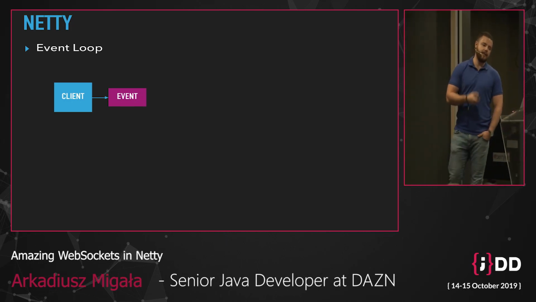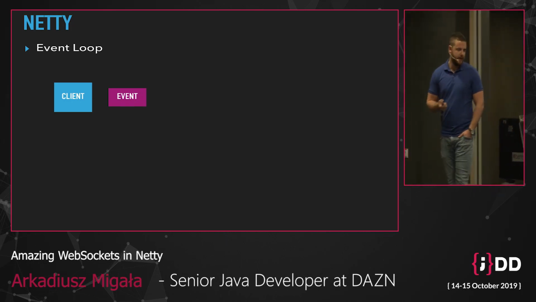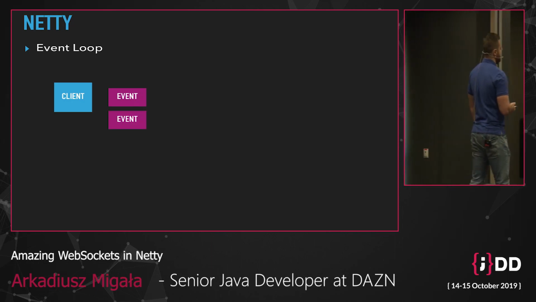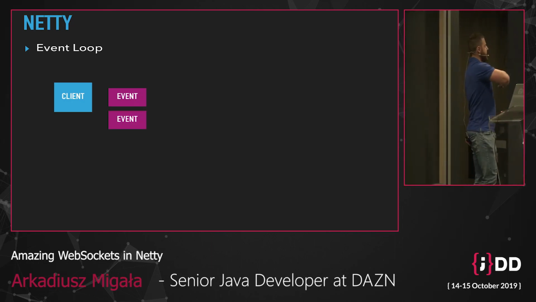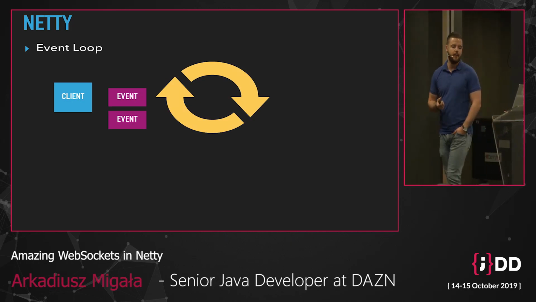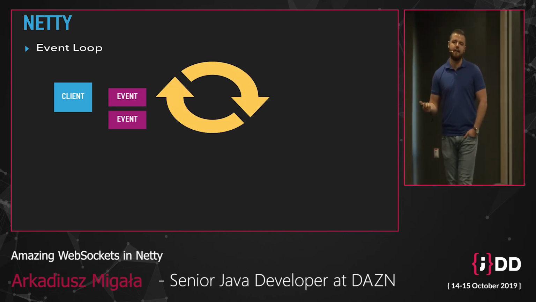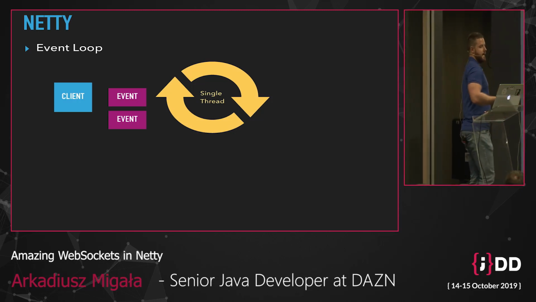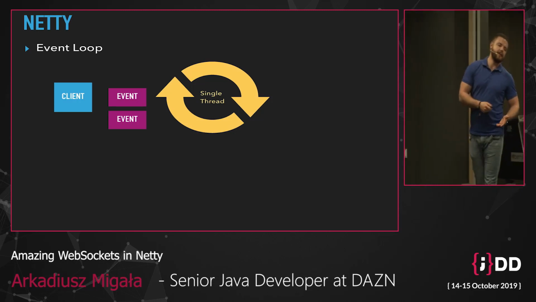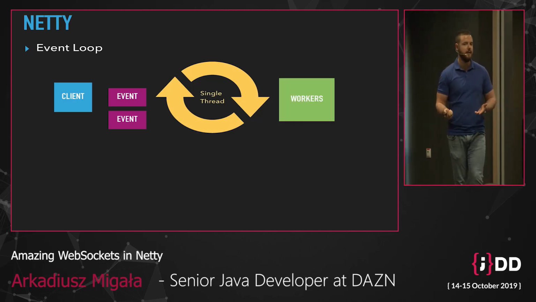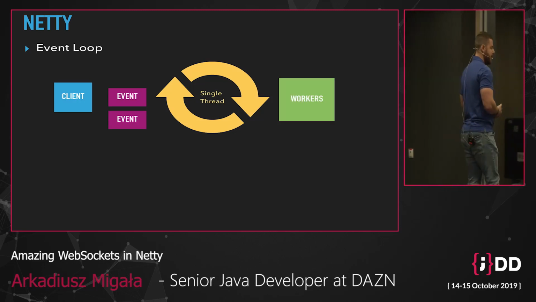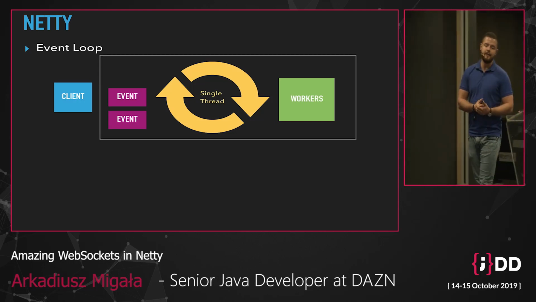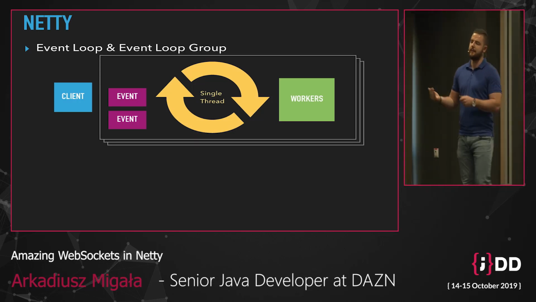It can be one event, it can be multiple events, but then we have an event loop, which is a single thread, which takes an event and can delegate work to the workers, and then the event loop is ready to take another event. If workers finish their job, it's also translated into an event, and it can be sending a response back to the client. So in Netty, we will have such an event loop, but we will have an event loop group, so it will be a little bit more complex.